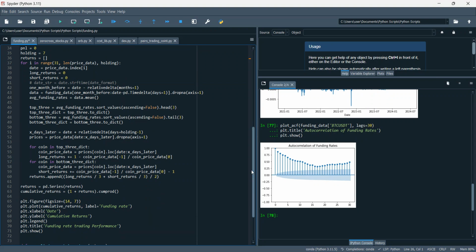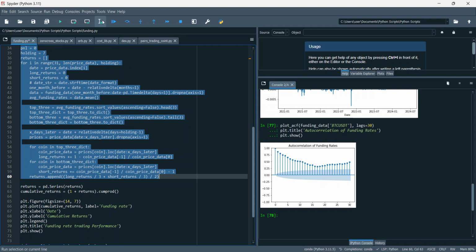We short those with the highest rates, because these are the coins where long traders pay shorts, and we go long the coins with the lowest funding rates, because here shorts pay longs. So this is a funding rate arbitrage. Let's run it and see how it historically behaved.